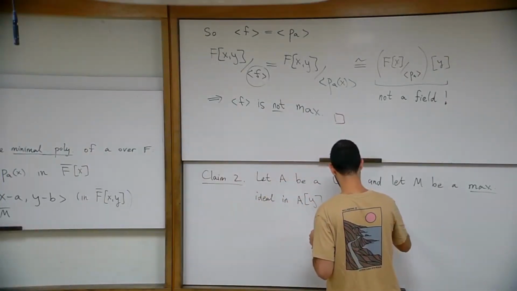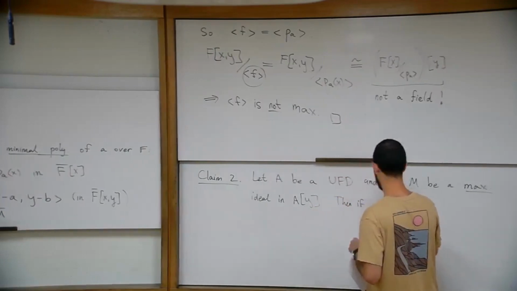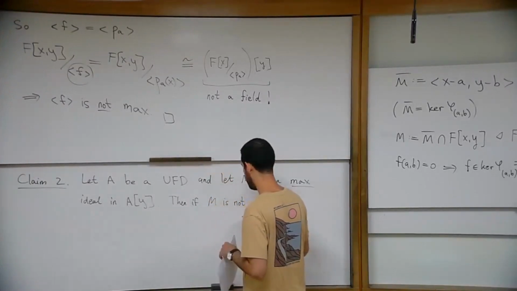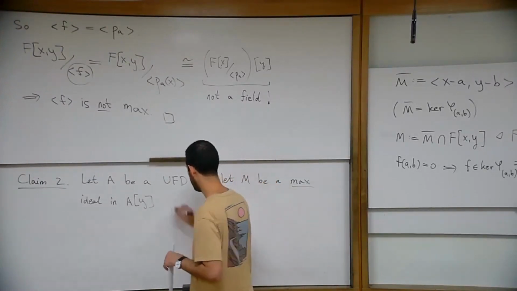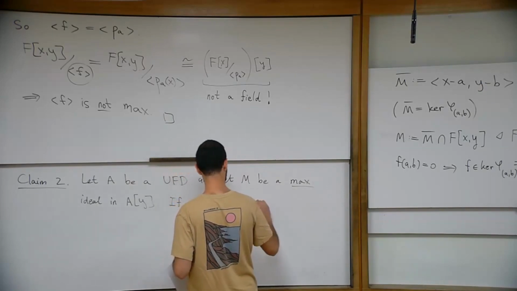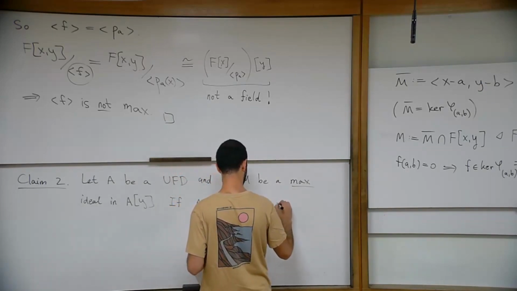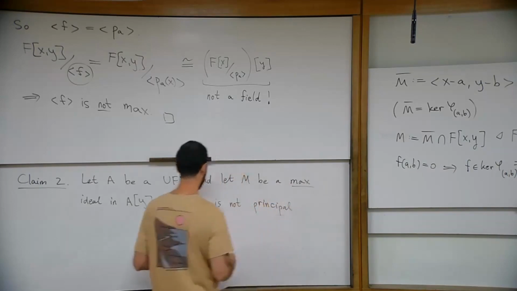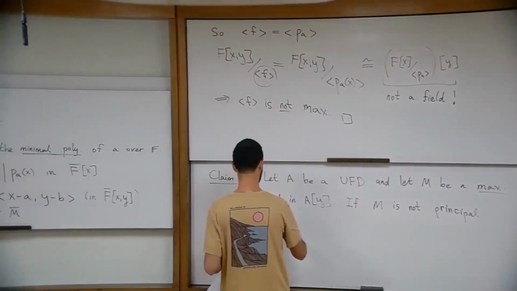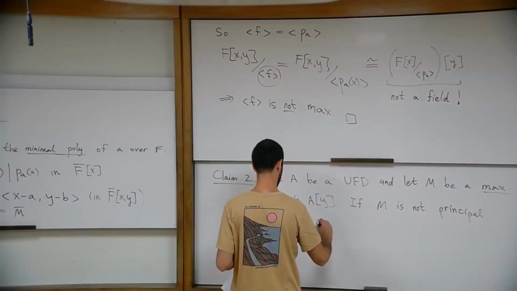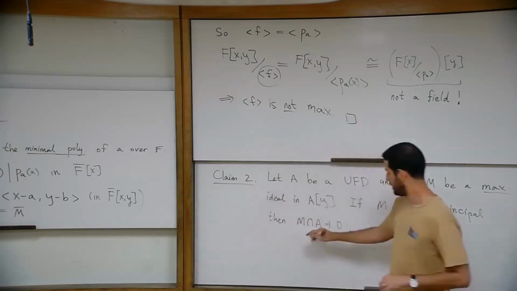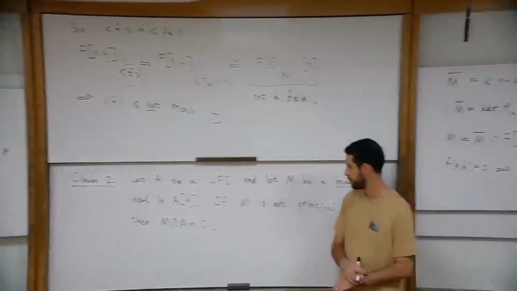Then if M is not principal, if M is not generated by a single element, then the intersection of M and A is non-zero.